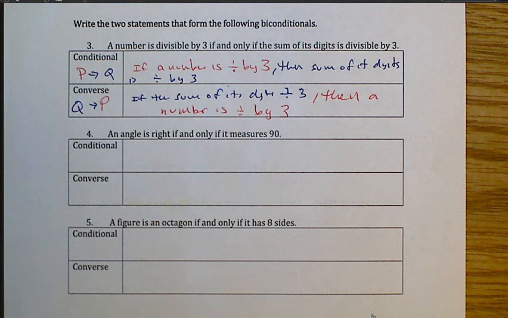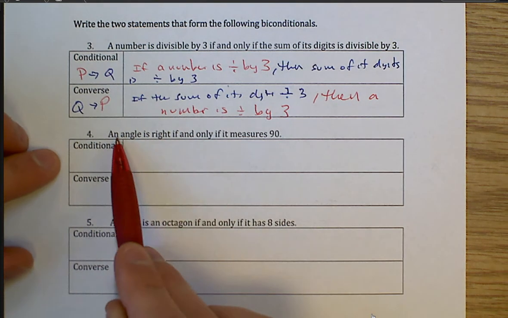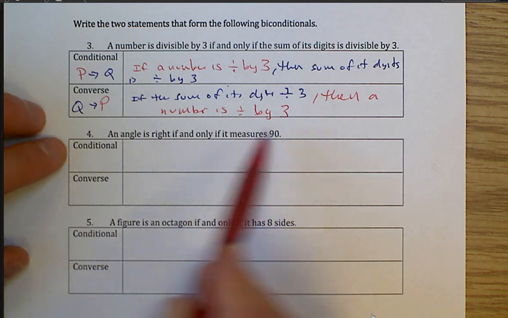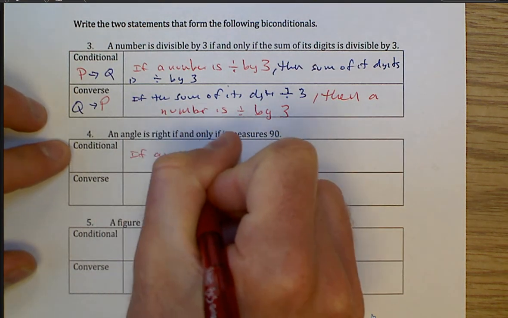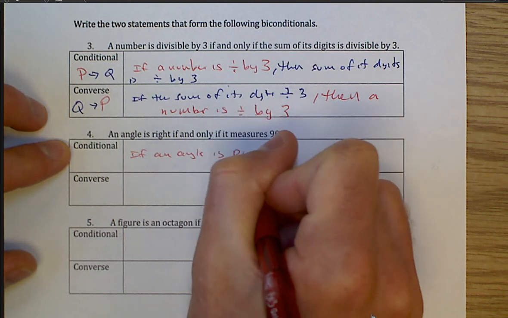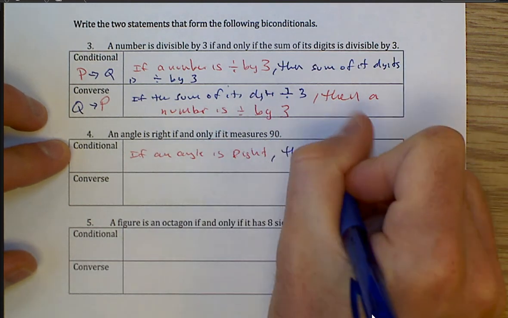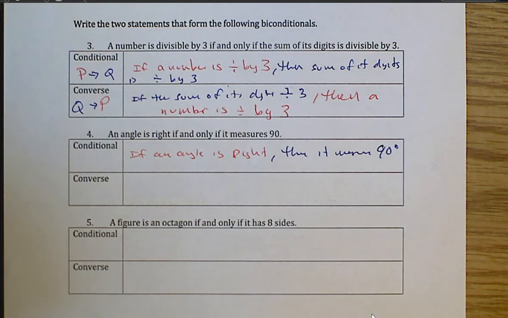All right, back at it here. So remember, this is a biconditional statement. An angle is right if and only if it measures 90 degrees. So we need to write the conditional. If an angle is right, then it measures 90 degrees. That's the conditional statement.